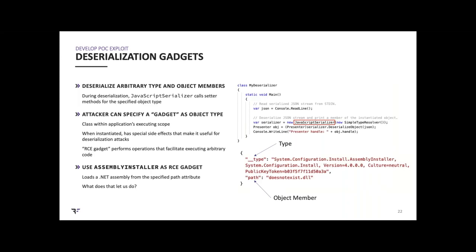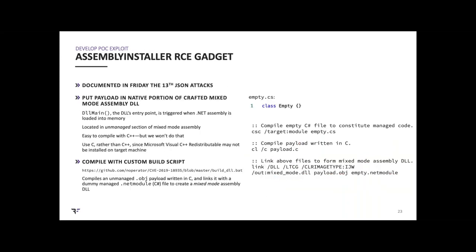So now that we understand that we can load a .NET assembly into the application by specifying the path attribute and deserializing an assembly installer stream, let's see what that can do for us. As documented in the Friday the 13th JSON attacks presentation, we can create and craft a mixed mode assembly. Do you remember that term?